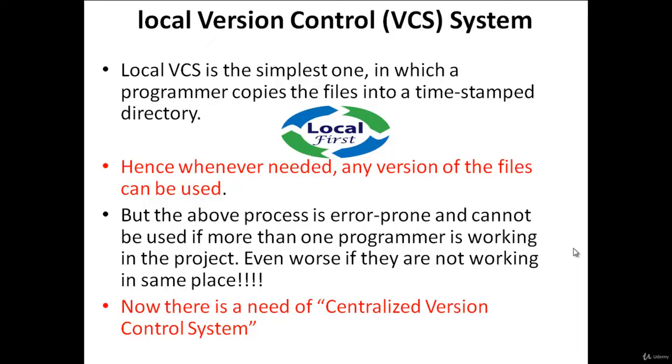Let's say there is a very small project and only one developer is working on it, and he wants to maintain the versioning of the code he writes on a daily basis. How, in a very simple way, is he going to do that?